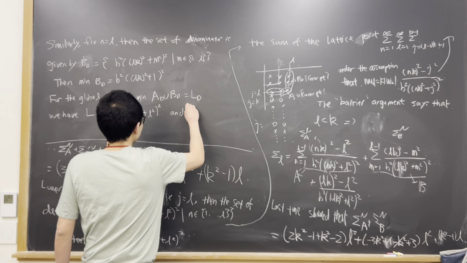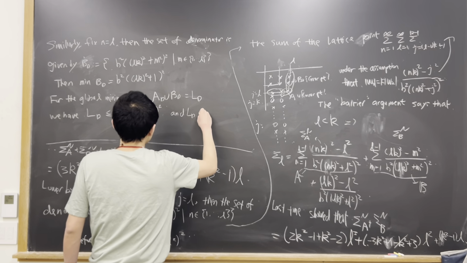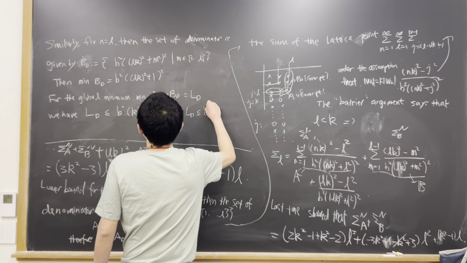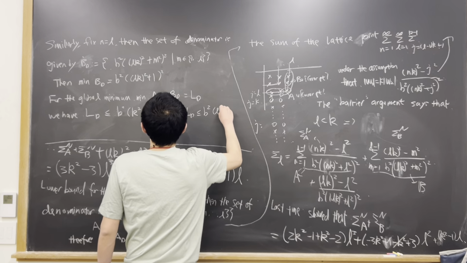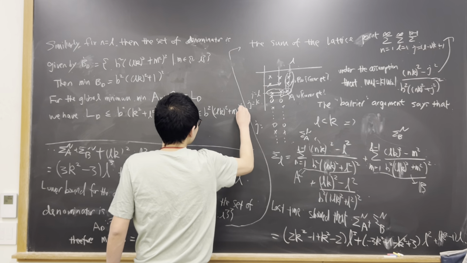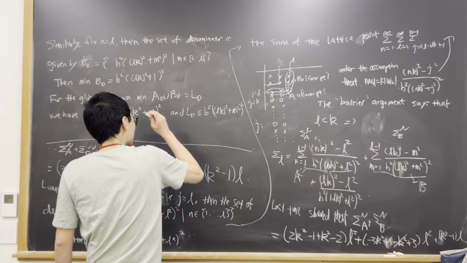And also LD must be less than or equal to the other guy, squared plus m squared, squared. So yeah.